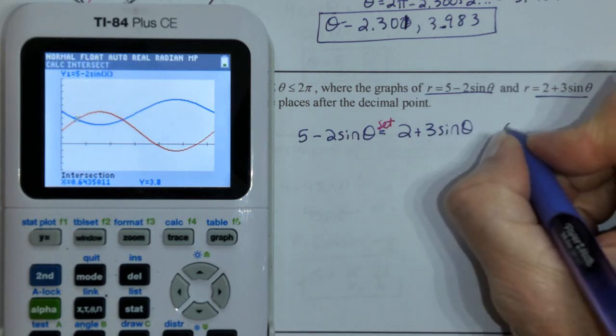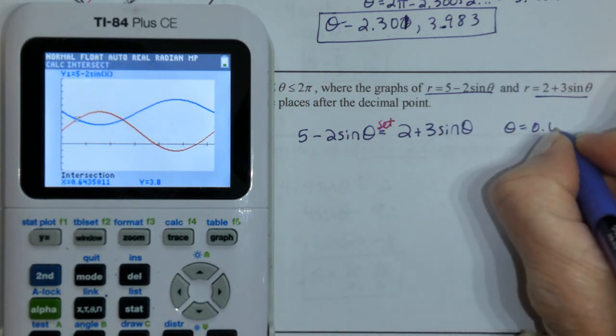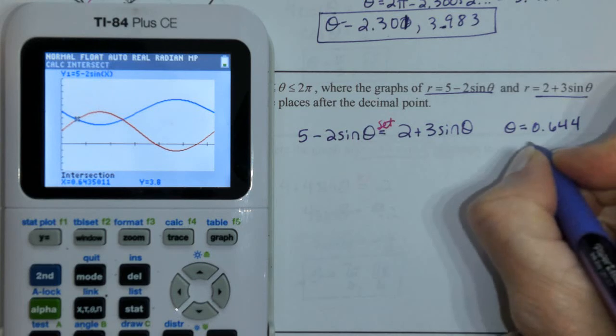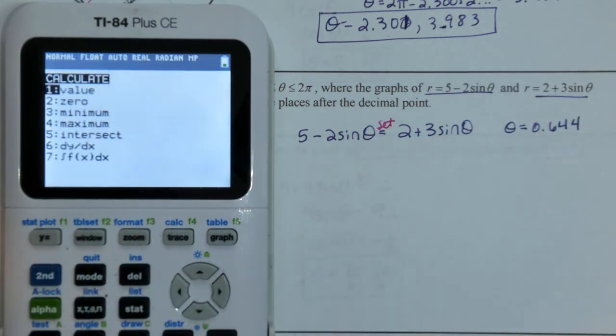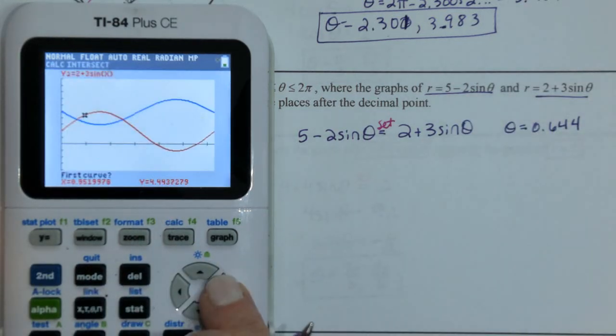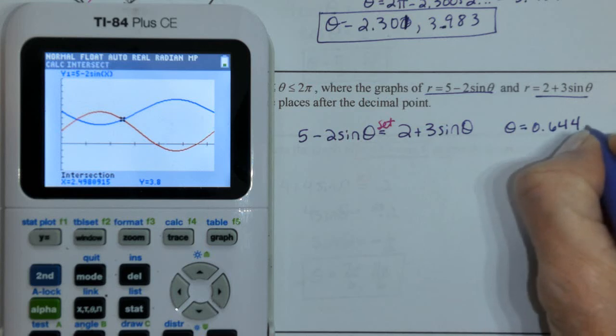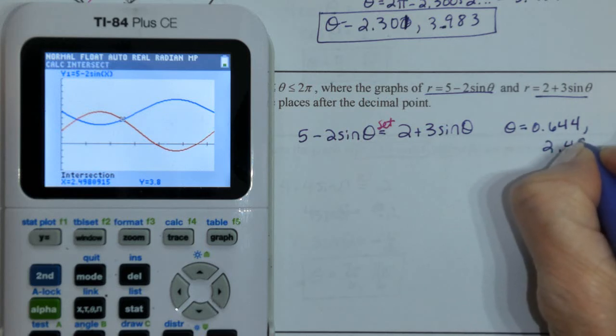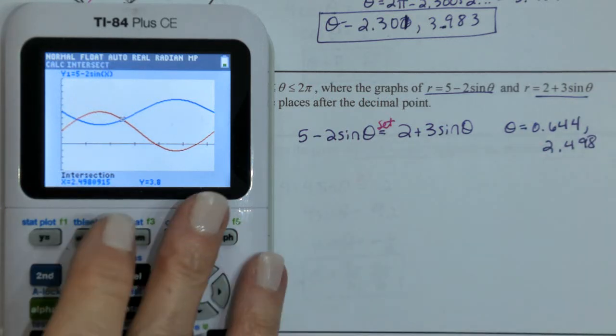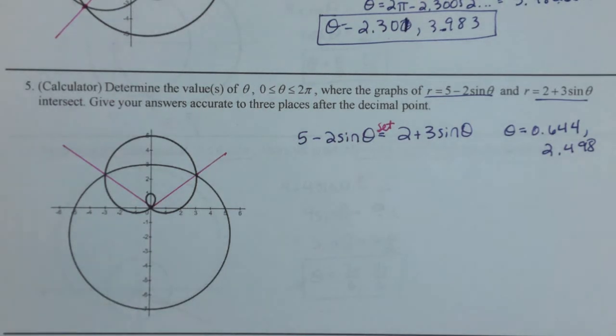And I get theta is equal to 0.644. And I get theta is equal to 2.498. So those are the two values where they intersect.